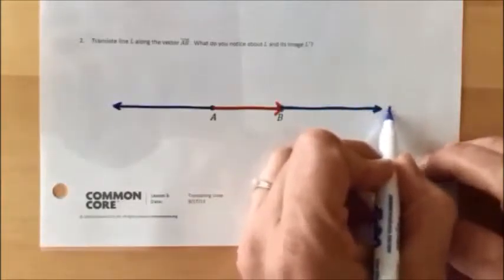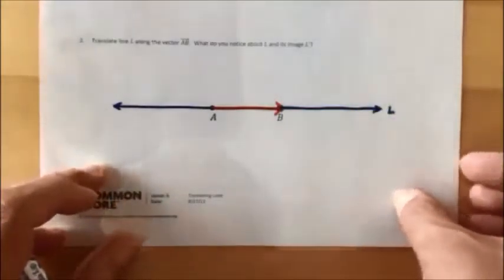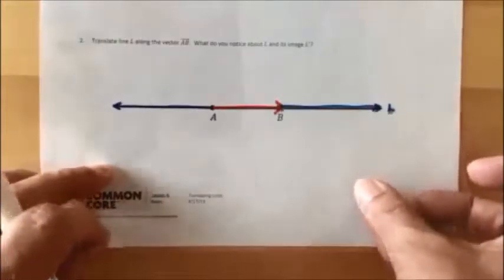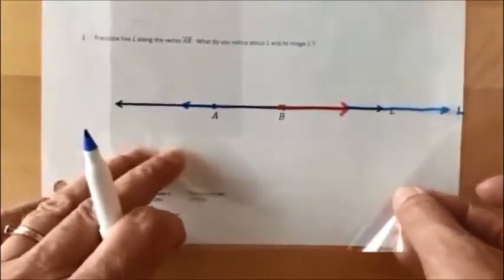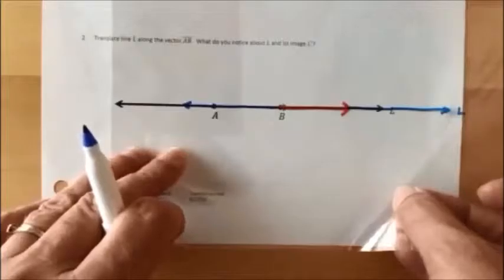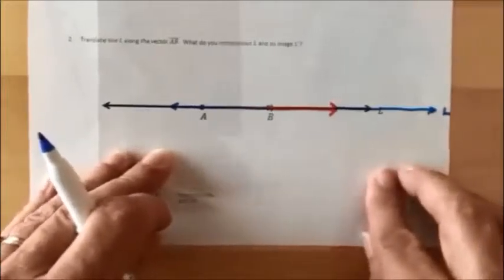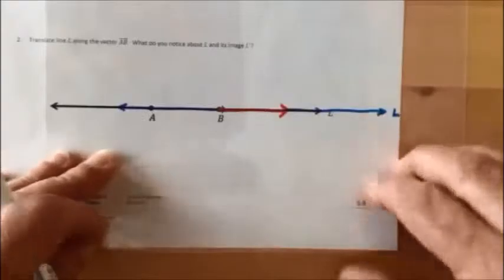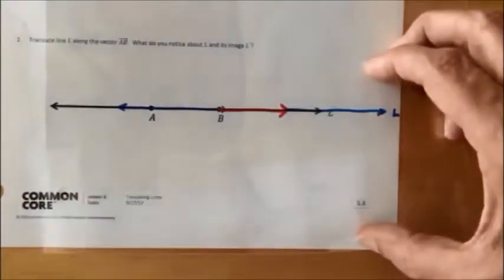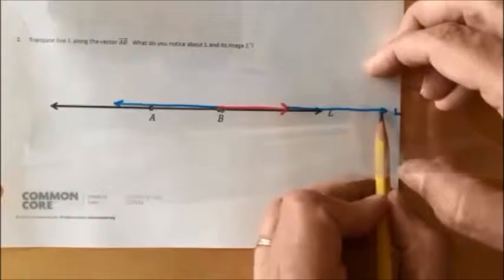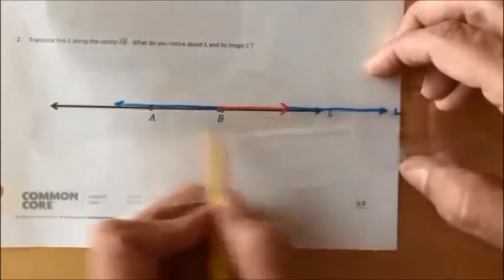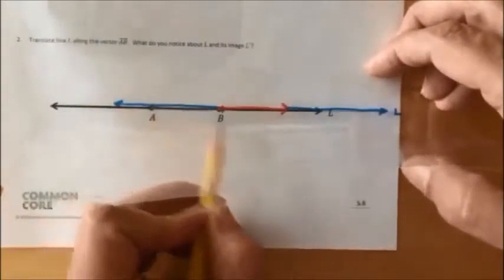So here's line L, and I'm going to translate it along AB. I'm going to move like so. There's my line, and I can trace it like this.